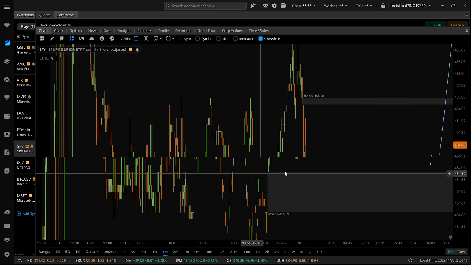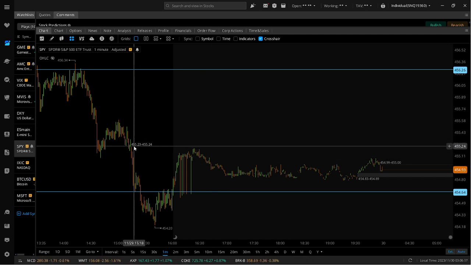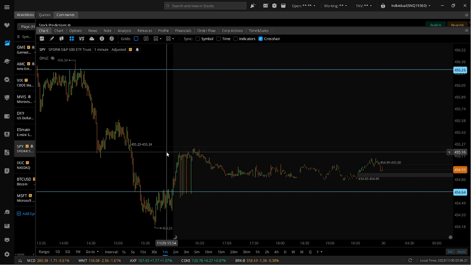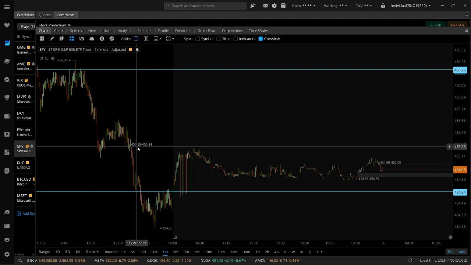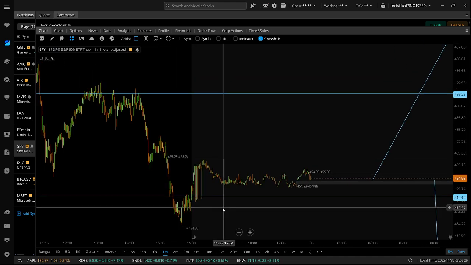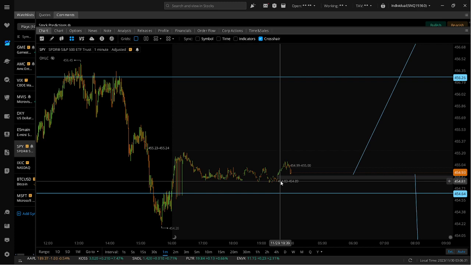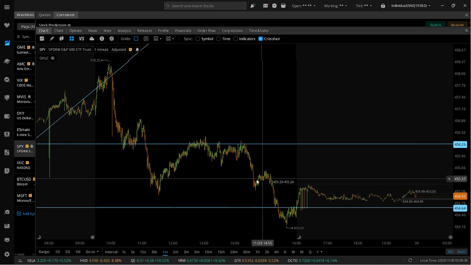And so we weren't able to get this gap fill here in after hours, which I'm surprised by. I think the reason is that it's still possible that it doesn't fill, and then we just drop down to the 430s, and this was the top of the structure, right?